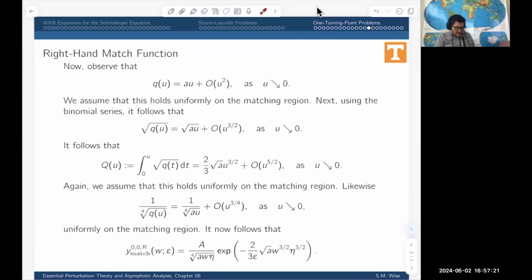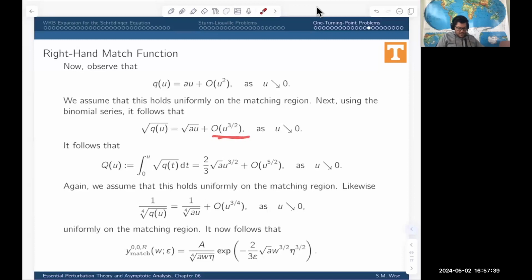If I know this two-term expansion for Q of U, then the square root of Q of U is just going to be the square root of AU plus big O of U to the 3/2 power. So I'll leave it to you to work out those details.